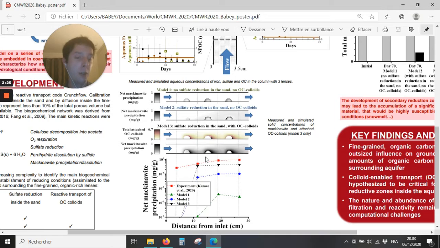This reducing halo corresponds to a secondary reaction zone, stimulated by organic carbon exported from the lenses. And this organic carbon can be exported either as dissolved organic carbon, which would be here model 2, or as colloidal organic carbon, which would be here model 3.